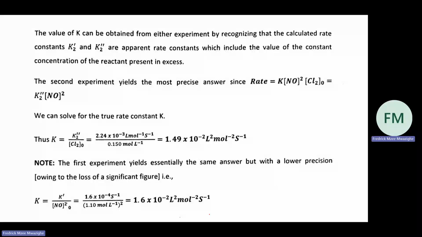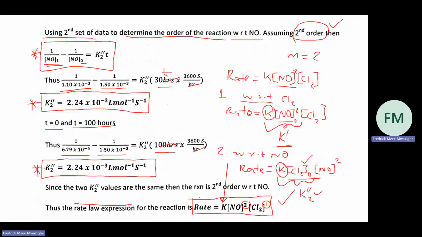Using the second experiment, we are getting a very accurate value for K2 double prime, so we can use this second experiment to find the value of the rate constant.